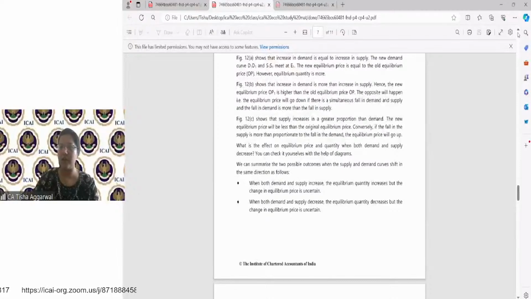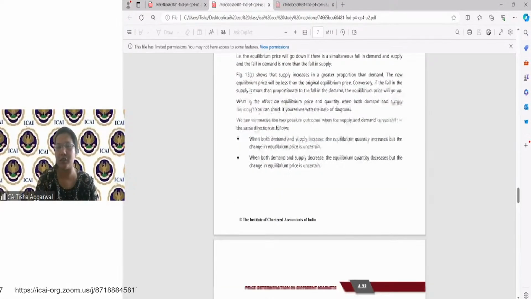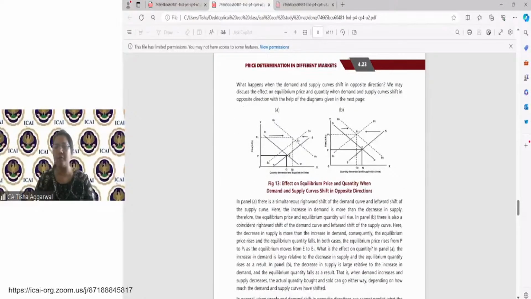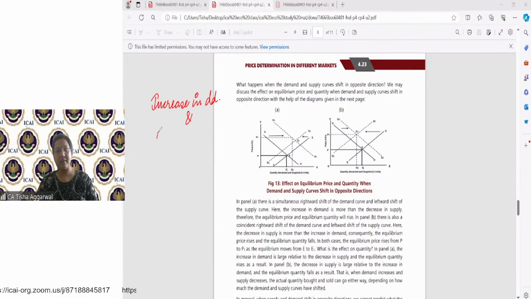They were all going in the same direction, but let's give one example of the opposite direction also. Look at this. Next case, I will say increase in demand and decrease in supply.